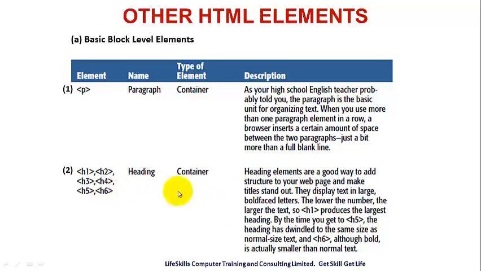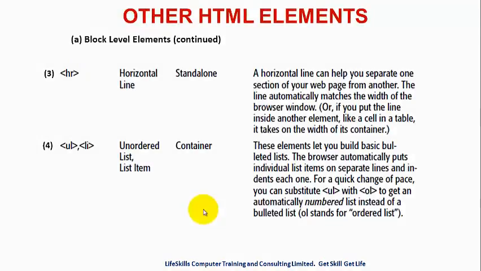So this heading tag, we use it to display text in large boldface letters. The lower the number, the larger the text. So H1 produces the largest heading. By the time you get to H5, the heading has become so small, and they are smaller than normal text. So if you want your site to display different text of different sizes, you make use of heading tag.